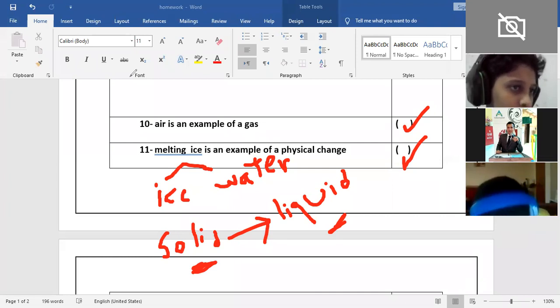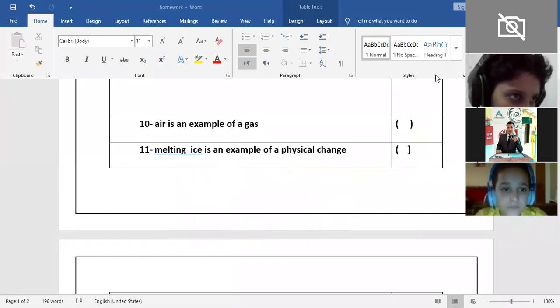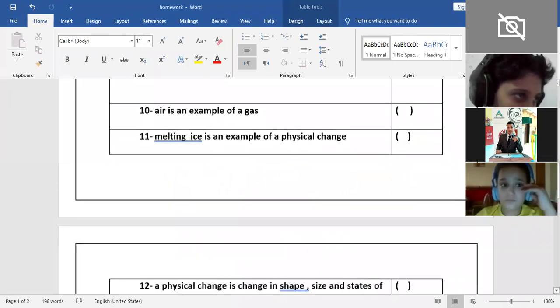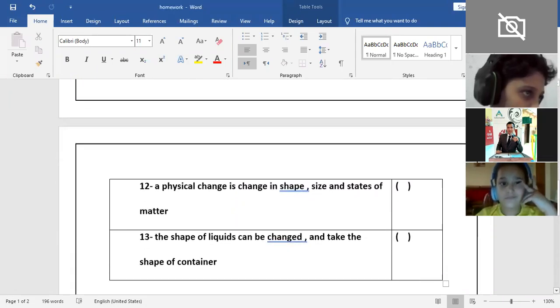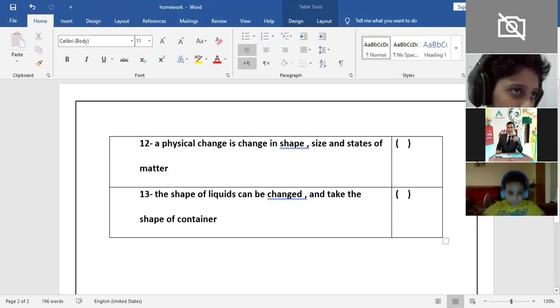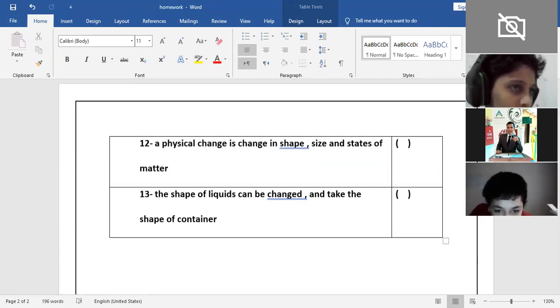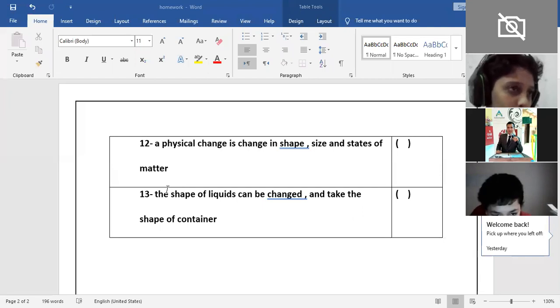Welcome. Abdurrahman Osama. Where is Abdurrahman? Yes, Mister, I'm here. Do number 12. A physical change is a change in shape, size, and states of matter. Yes or no?